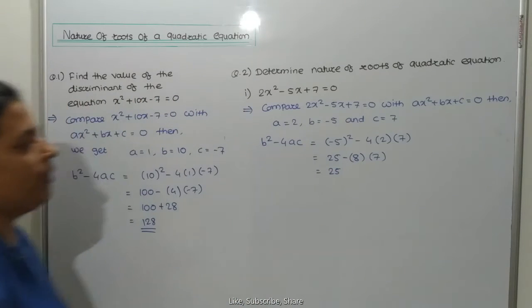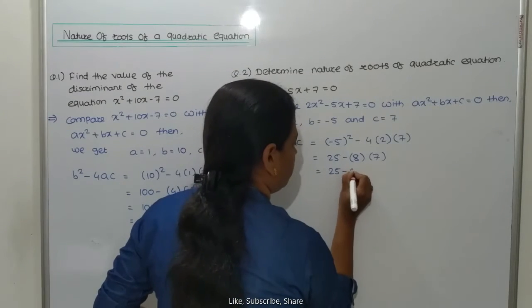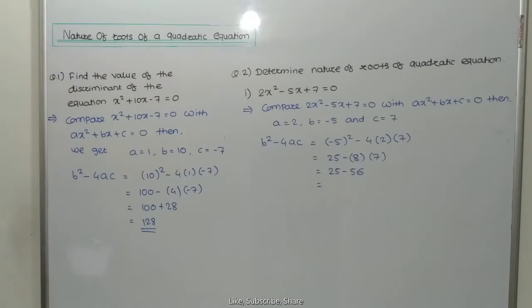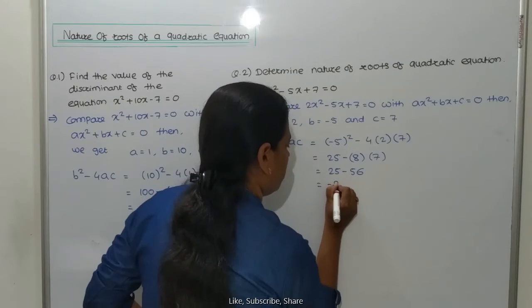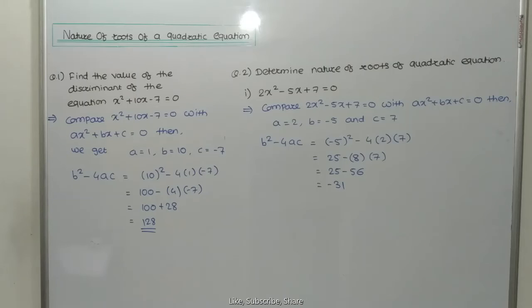Then 25 minus 56 is minus 31. Just observe the value of b square minus 4ac.